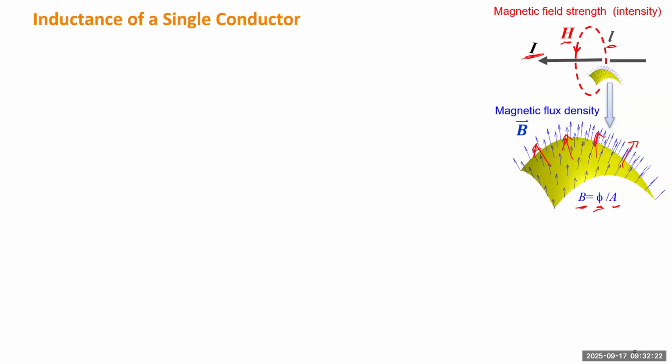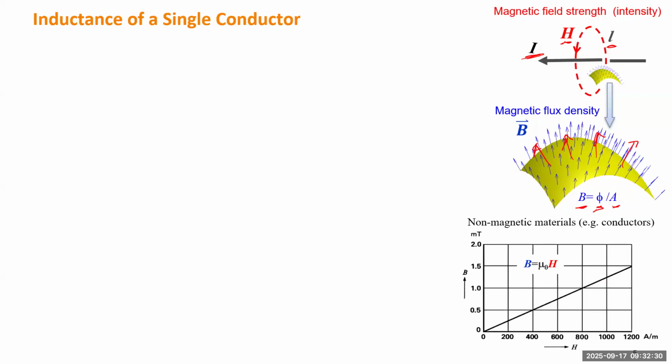But if you put a magnetic material at that place, that can suddenly increase the density of flux. If we know what the material is, there is a ratio we call mu zero. B is proportional to H. There's a linear relationship. But if you put a magnetic material there, it will suddenly increase B with the same H, so you can make this slope very high.